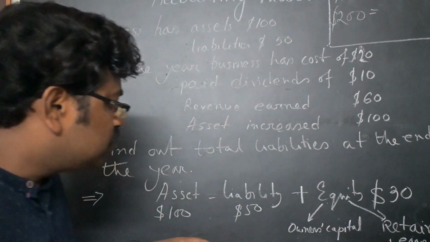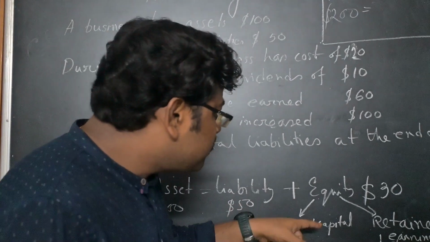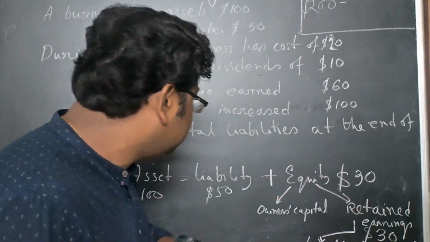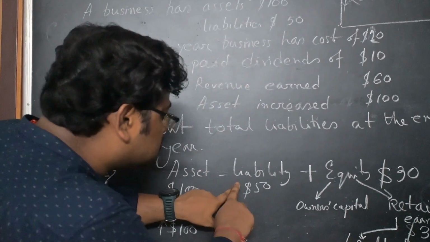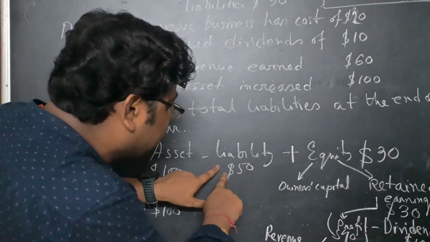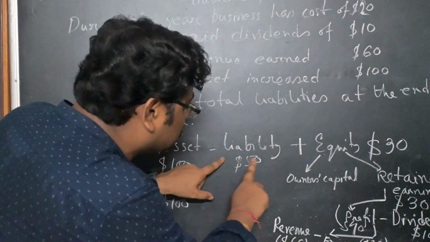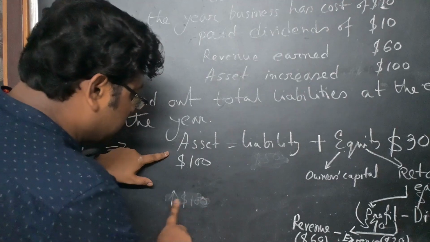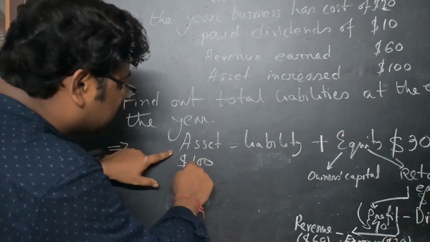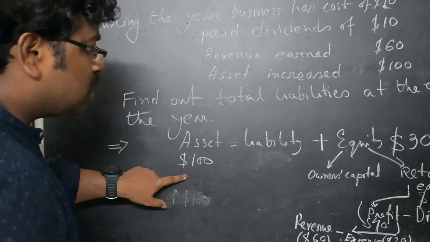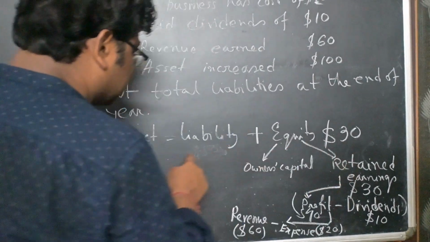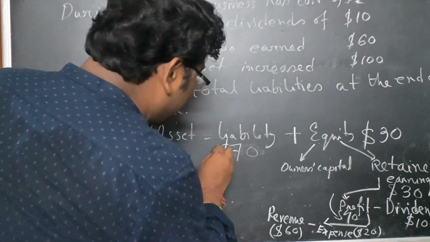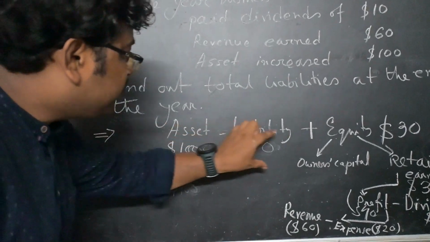During the period the equity is $30, and the asset has increased by $100. So 100 minus 30 is $70. So the liability is $70 during the period.